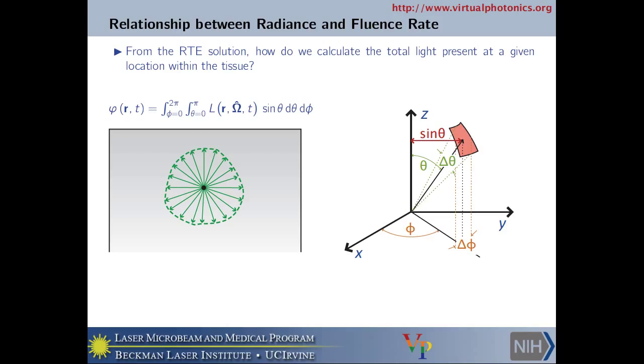And again, the differential area is given by d theta, which is this arc in theta, and sine theta delta phi, which is going to be this top or bottom surface of this little differential area element. So if you do that, you're integrating this L over the unit sphere. Okay? Questions about that?